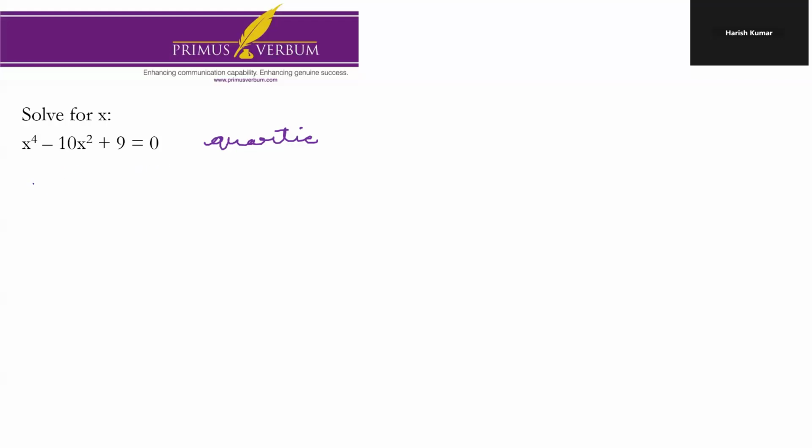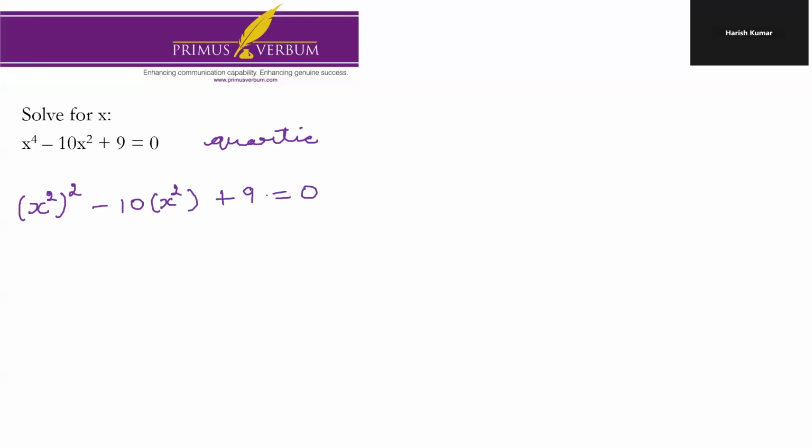x raised to the power 4 minus 10x square plus 9 equal to 0. Now, right off the bat, I can see that this kind of resembles a quadratic equation. What do I mean by that? What I mean is you can rewrite this equation like this: (x square) raised to the whole power 2 minus 10x square plus 9 equal to 0.